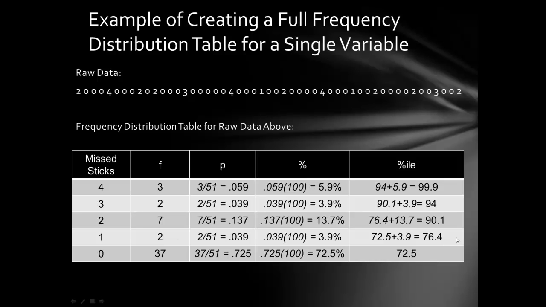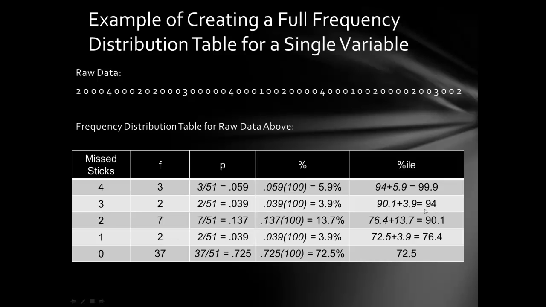So just moving up, you keep doing this process. You'll take 76.4, add it to the percentage for 2 missed sticks, and you get 90.1%. Then you take 90.1, add it to 3.9, and you get the 94th percentile. So in other words, a nurse in this data set that has 3 missed sticks is at the 94th percentile, meaning that 94% of this sample had just as many or fewer missed sticks than she did.